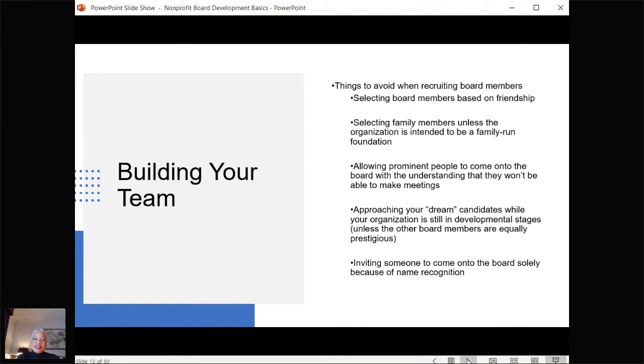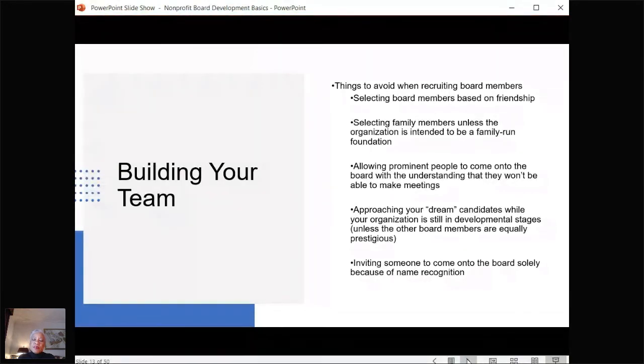And then they see that these prominent people get a pass on all the homework. And sometimes they even get a pass on the donations, and they're doing all the work. So you don't want to create a situation where there's tension on your board because certain people who are prominent get a pass on the work.